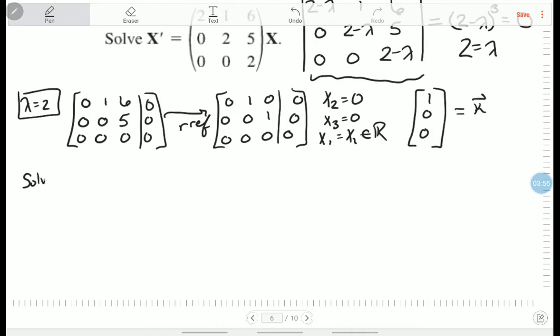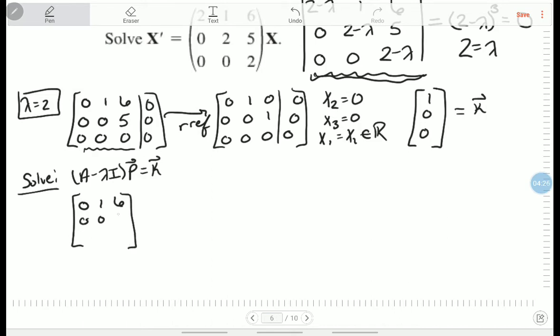So now we want to solve the system A minus lambda I times p is equal to k. So let's see what this system's going to look like. If we were to type 2 into this matrix, we're going to get that. p is what we're trying to find, so I'm going to call this p1, p2, p3. And our k value is 1, 0, 0.